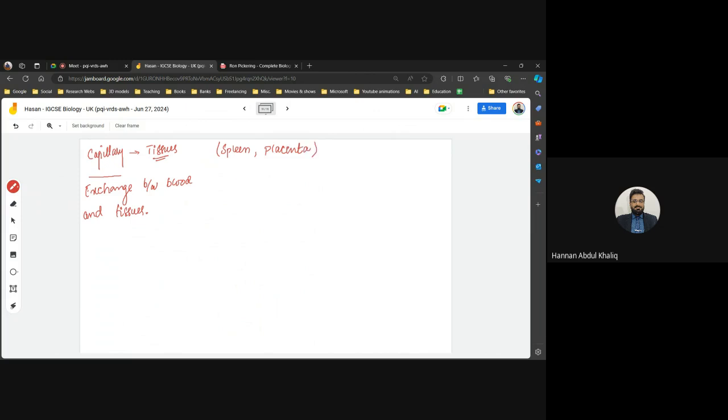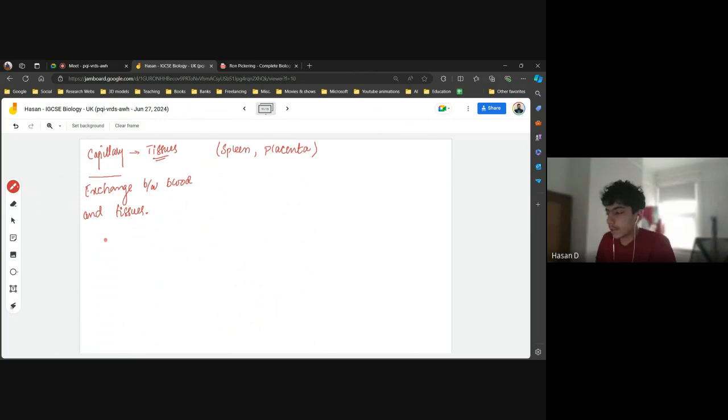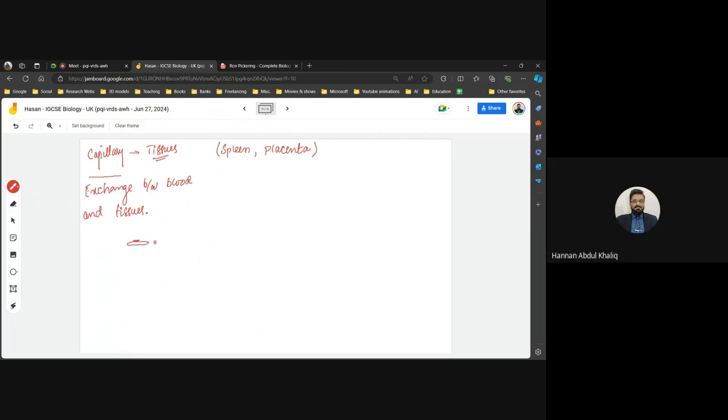Otherwise, the blood always remains inside the capillaries, and if by any chance the blood comes out, that situation is called hemorrhage. Things like brain hemorrhage. Hemorrhage is any situation in which the blood is coming out of the capillaries.